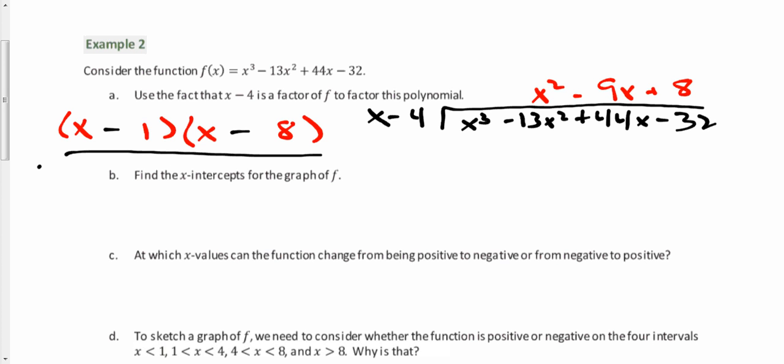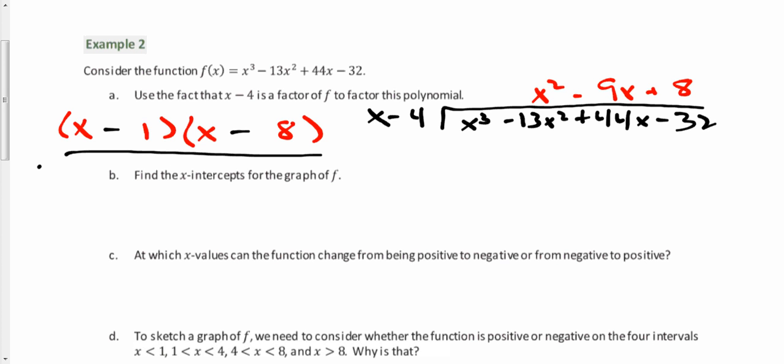I can divide it into something evenly, or another thing it is to be a factor is things I multiply together to get me something else, right? So, what do I multiply together to get me x cubed minus 13x squared plus 44x minus 32? What 3 things do I multiply together to give me that? I saw that, Trey. I got your back. What 3 things do I multiply together?